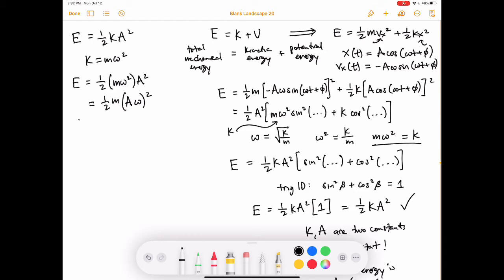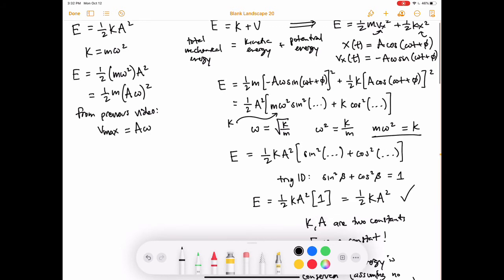Also recall from the previous video, we derived v max, the maximum speed of the oscillator, is equal to A times omega. So therefore, I can write the total mechanical energy E is 1/2 times m times v max squared.